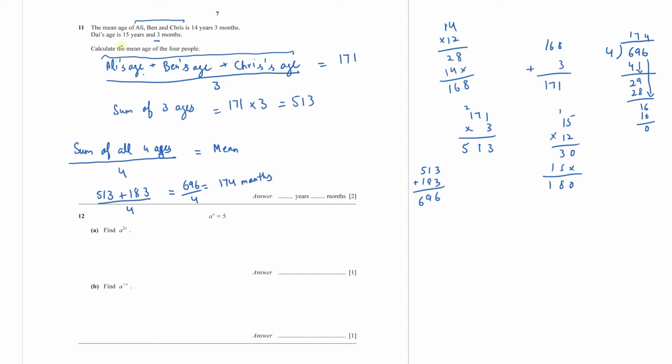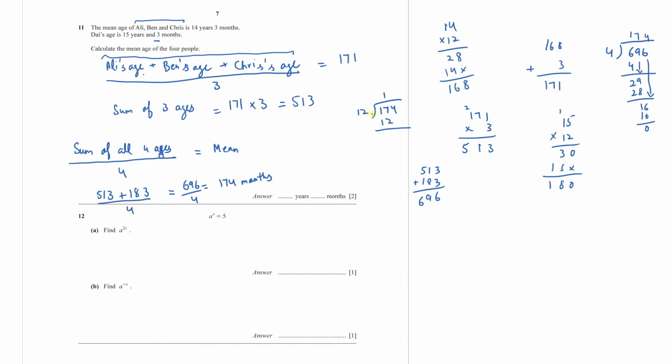So the mean age of all four people is 174 months, but you need to write the age in years and months. So let me quickly convert this into years and months. So I need to find 174 divided by 12. So 12 ones are 12. Since there are 12 months in 1 year, I need to convert this into years.